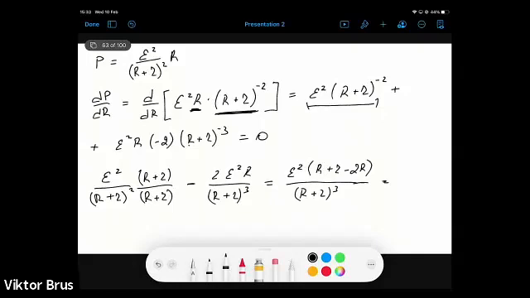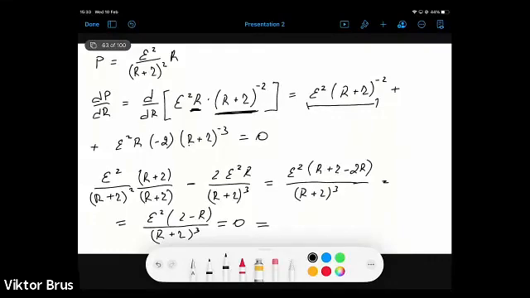So finally, we get epsilon square times (r minus R), internal resistor minus load resistor, divided by (R plus r) in the power of 3. And this we set to 0.